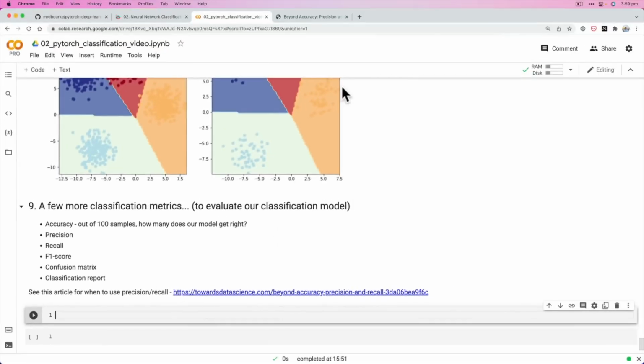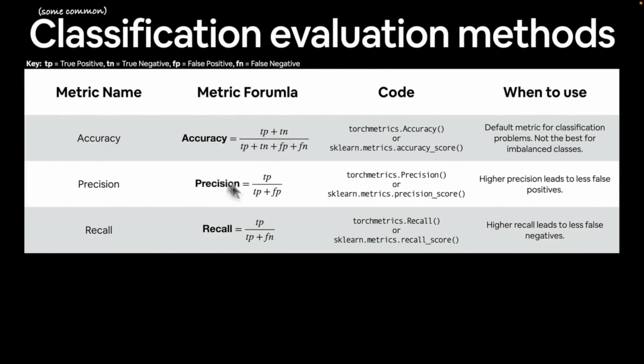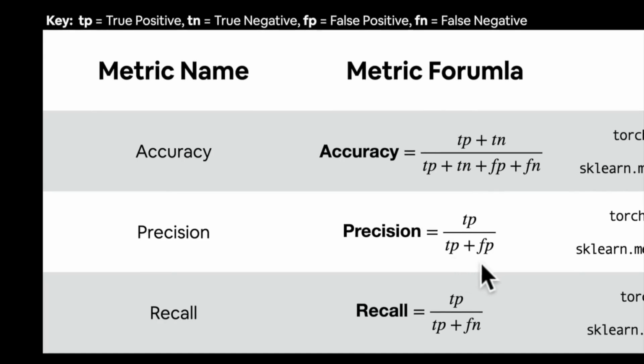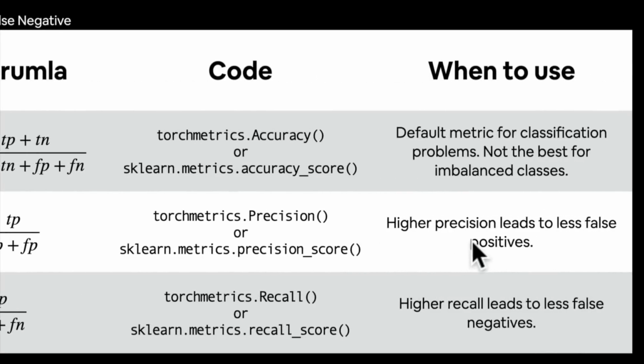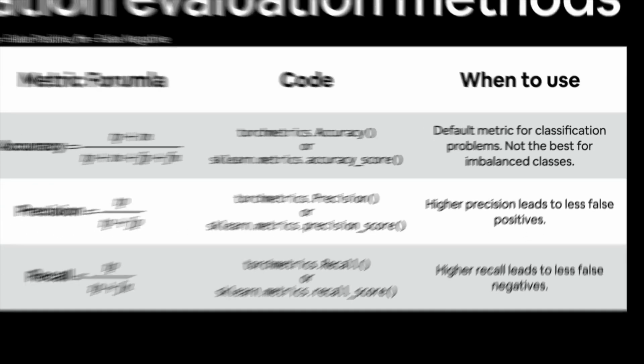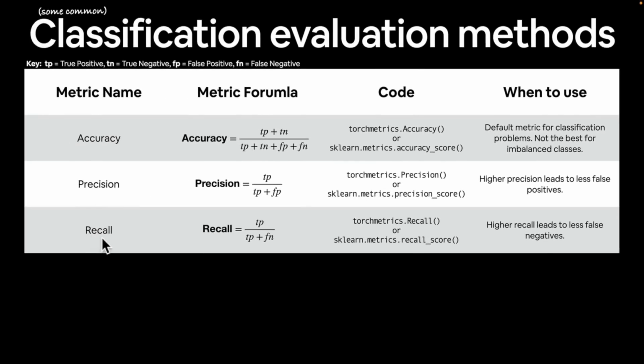Now, if we look back, there is the formal formula for precision: true positive over true positive plus false positive. So higher precision leads to fewer false positives. If false positives are not ideal, you probably want to increase precision. If false negatives are not ideal, you want to increase your recall metric.